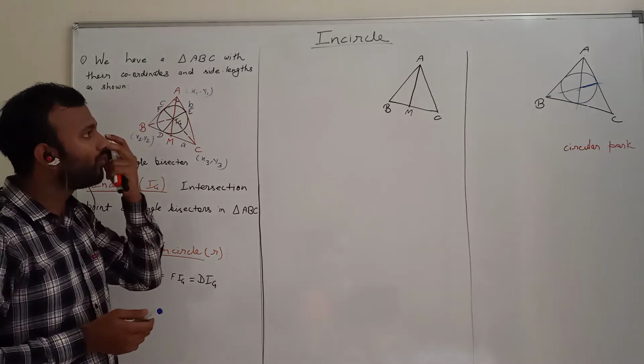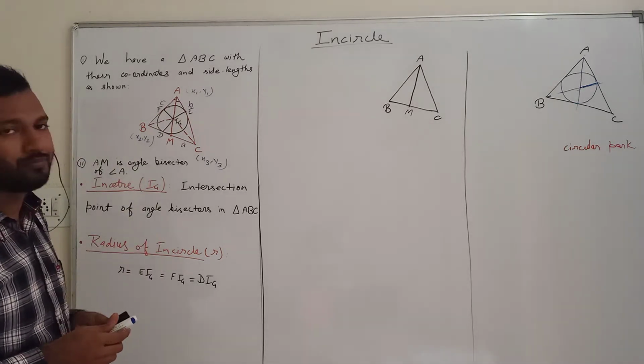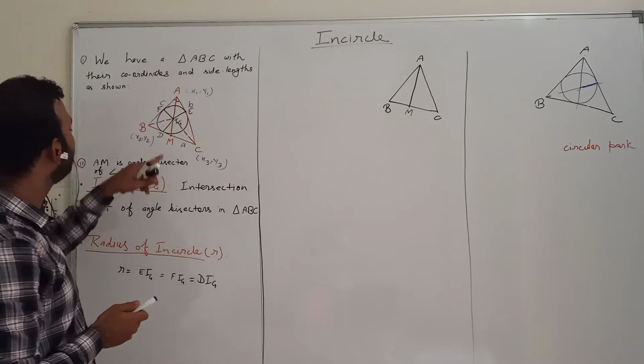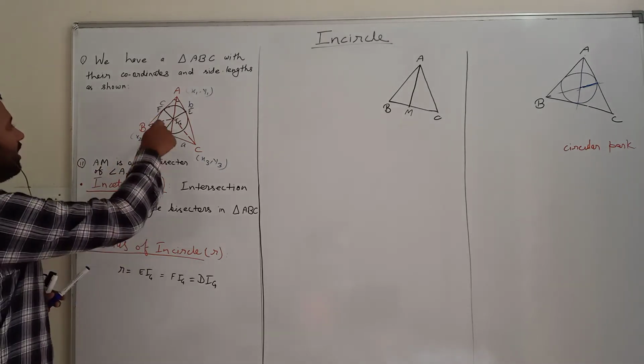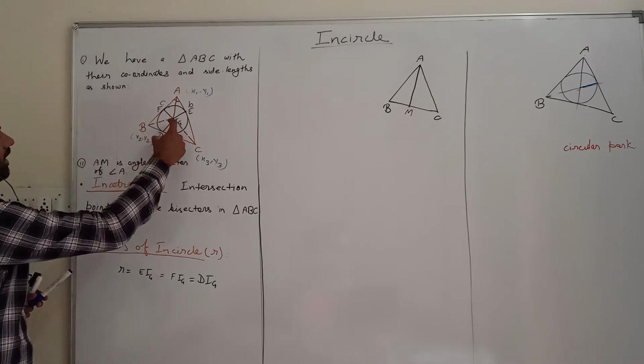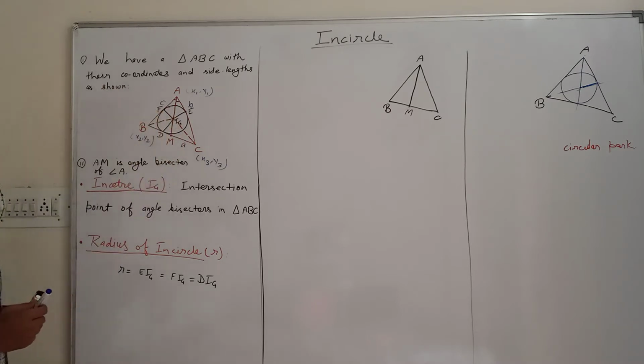So let's decide how to find the center of the circle. We have to find I, and we will use some concepts to find the center and the length of DI, the radius.